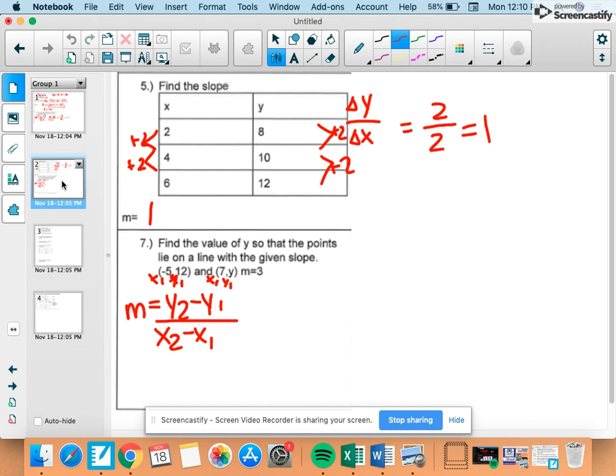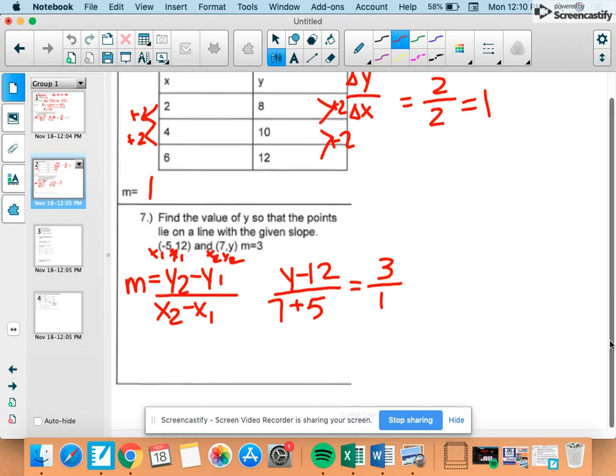We have y minus 12 over 7 minus a negative 5, so that's 7 plus 5, and that's going to equal our slope. So our slope is 3, and I'm going to put that over 1 just so I have two fractions. So now if I simplify, I have y minus 12 over 12 equals 3 over 1.